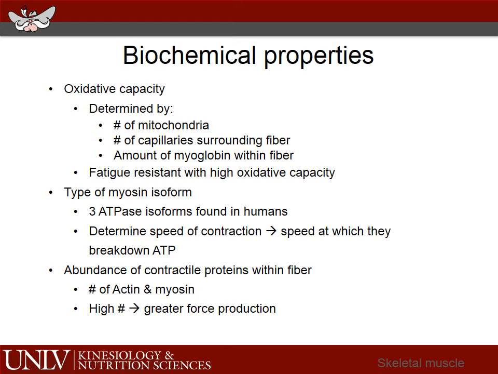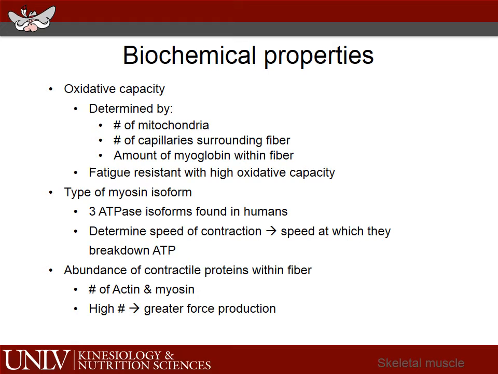But then you have the type of myosin isoform. And it's important to understand that there are numerous. I have three here, but there's numerous that are referred to in differing textbooks. So that way we haven't named any of them, but they determine the speed of contraction. What that means is the speed at which you break down ATP into ADP plus Pi, so from triphosphate into diphosphate plus a phosphate ion.